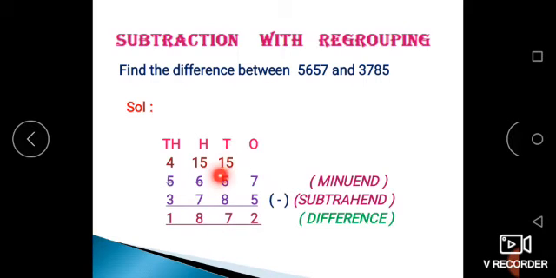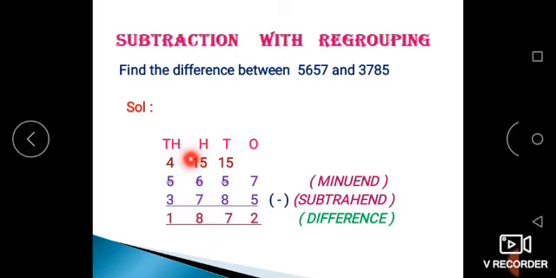Next we subtract in the hundreds place column. 100 was borrowed from 600, so we are left with 500. Then the number is 7. 7 is greater than 5.